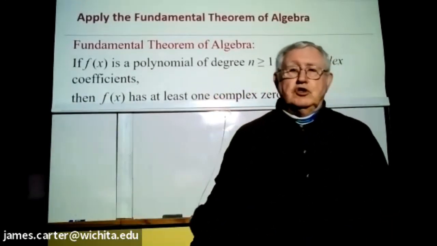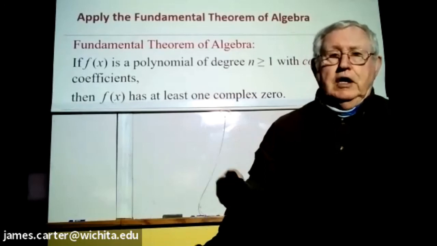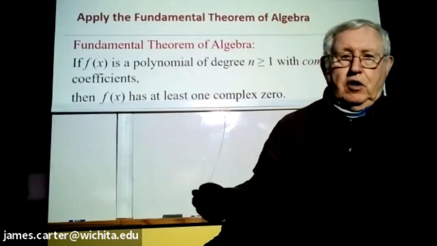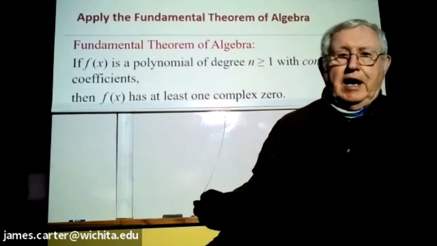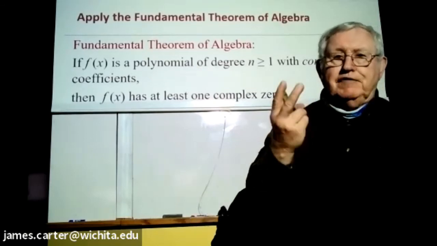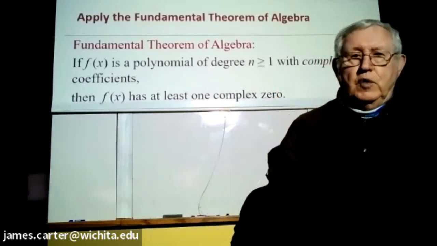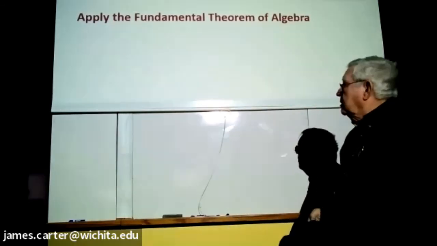Now, there's also a rule that's going to tell you if you've got one complex or imaginary a plus bi number, then you have to have its conjugate. They always come in conjugate pairs.